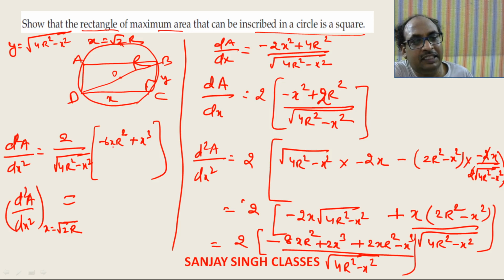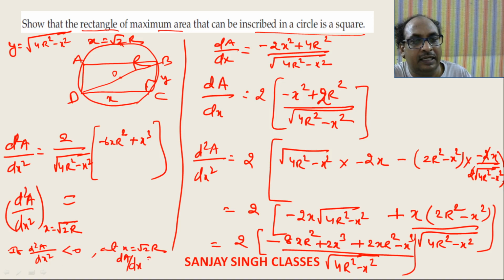If the expression is becoming negative, it means we will get the maximum at x equal to root 2r. So if d square a by dx square is less than 0, then at x equal to root 2r, the area will be maximum. That is only we need to find the maximum area.